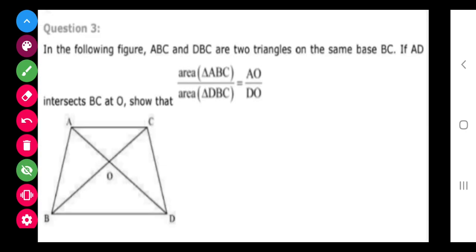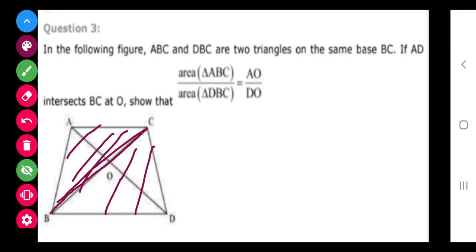Now this question. Question number 3. In the following figure, ABC and DBC, this and this, are two triangles on the same base BC. This is the same base BC.